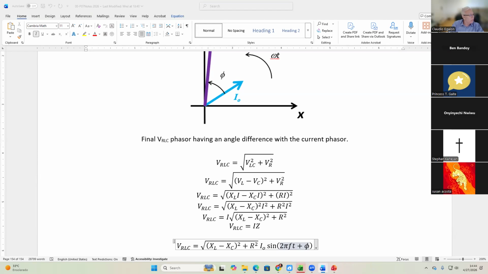Or the current lags the voltage. Now, what about item C? Let's see item C here. Write the current for this circuit.